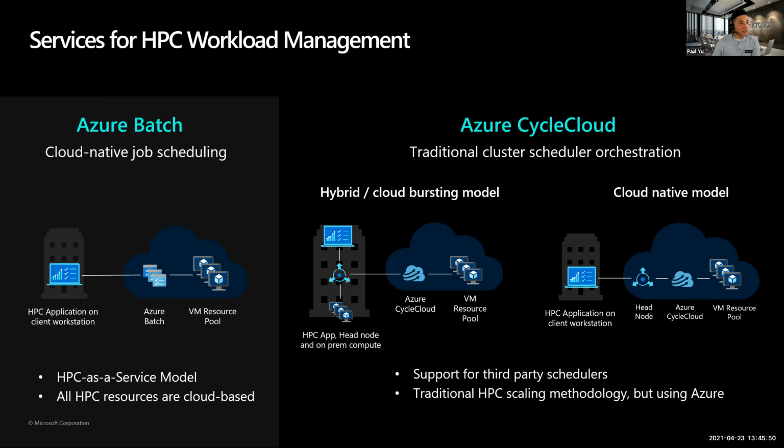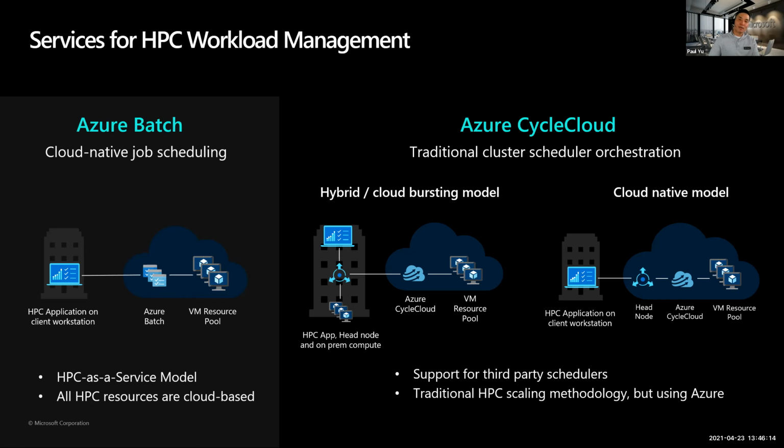As far as other workload orchestrations go, we do have Azure Batch. Azure Batch would be considered more on the PaaS side, okay? The platform as a service, where you would write your script or your job, and you would submit that job.